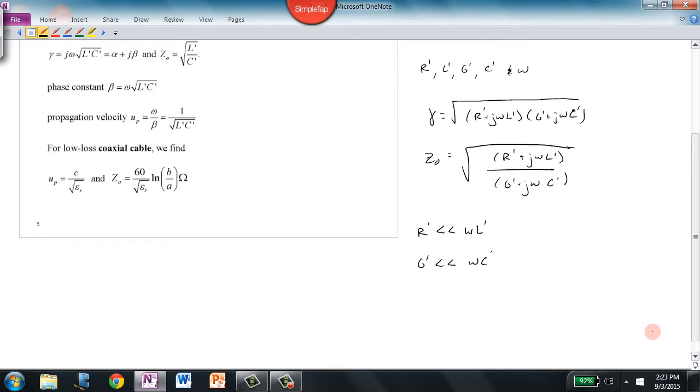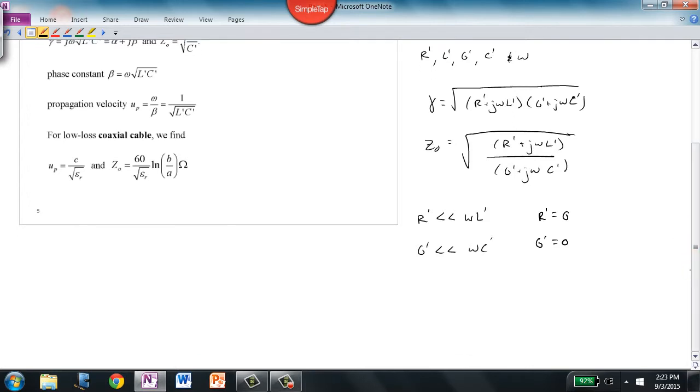In both these cases, we'll just take the logical extension that since R prime and G prime are much lower than their associated parameters, we can make the approximation that R prime is equal to 0 and G prime is equal to 0. Previously we called this the lossless T-line assumption.